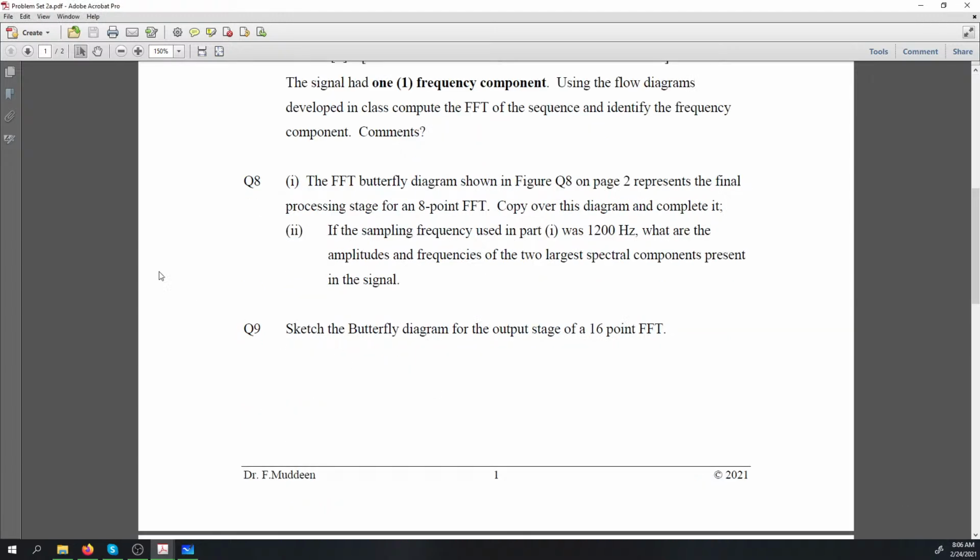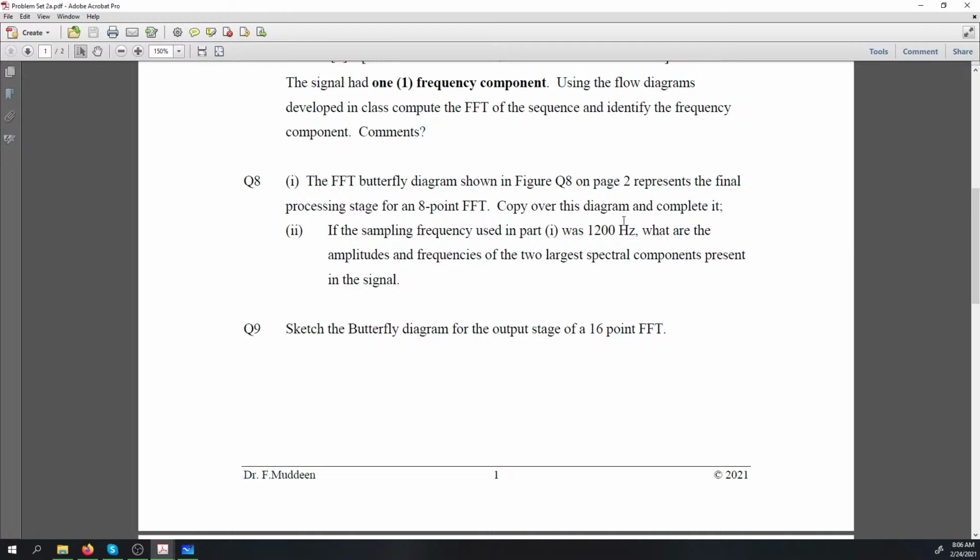So let's start with question 8 from problem set 2A, and while I'm doing these questions, do ask any relevant questions, in particular if you don't understand any steps, so I can address them immediately and we can get prompt feedback.